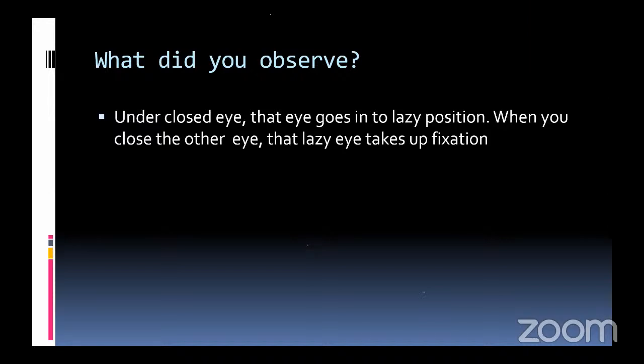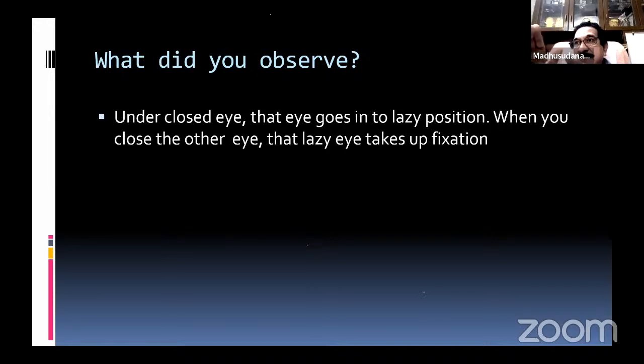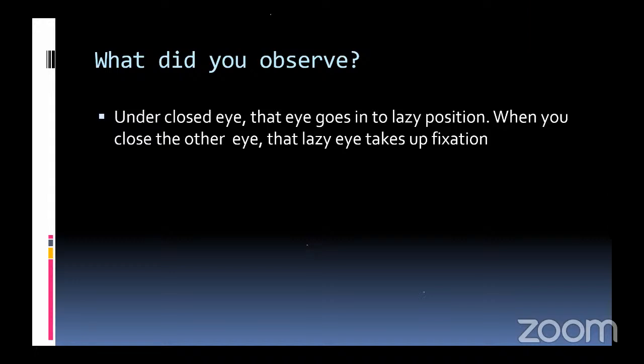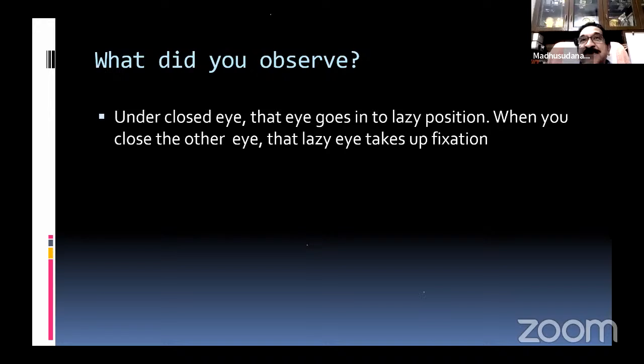The only difference is that in the cover uncover test, what you are observing is the uncovered eye. Here we are looking at the deviation under cover, and we are using the redress movement, the coming back of the eye, to detect whether the eye is deviated or not.